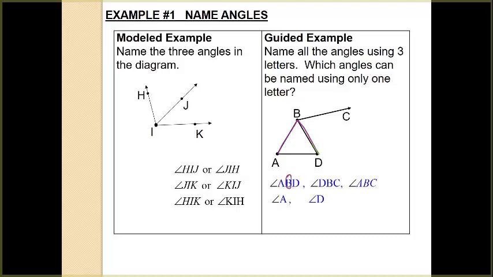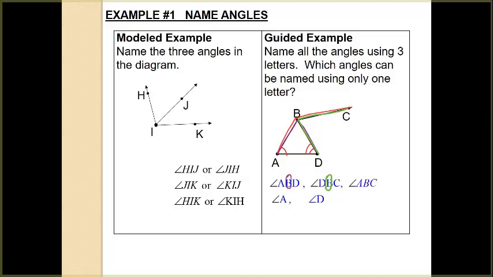You could also have DBC or CBD, because again the vertex has to be in the middle. You could also have ABC, which is this large angle here. You could have angle A, which is this angle here, and angle D, which is this angle here. That's the way you actually label angles, and we'll get to that in a little bit.